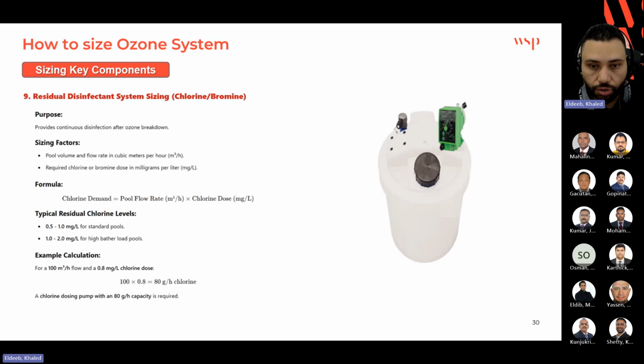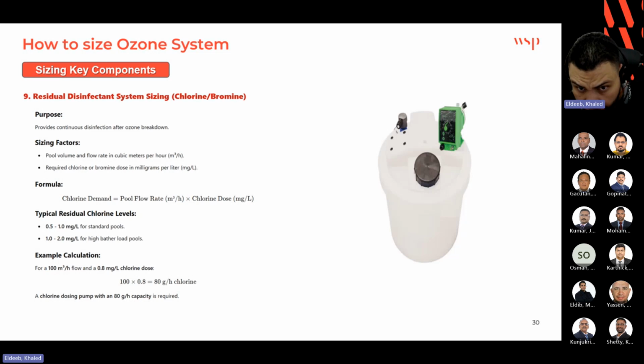The water out of the ozonization system has almost zero contaminants, but inside the basin of the pool, contaminants come with the swimmers. To keep sanitizing, we have to provide the residual chlorine.